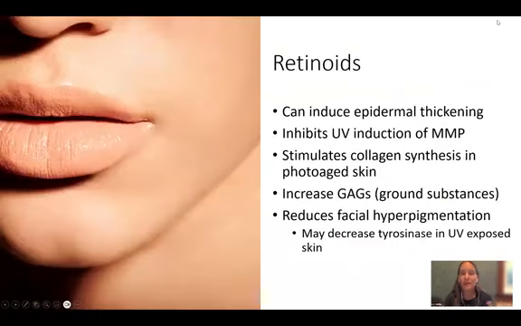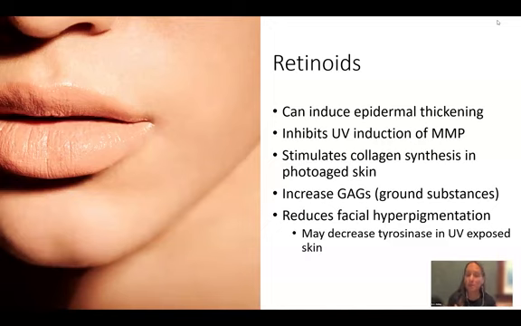So retinoids can induce that epidermal thickening, which we want. They can inhibit UV induction of MMPs. And MMPs are enzymes found in the skin that actually break down your proteins, so your collagen and your elastin, right? And you want some of that, because collagen and elastin does wear down, but you don't want your MMPs to be outpacing your ability to synthesize these.